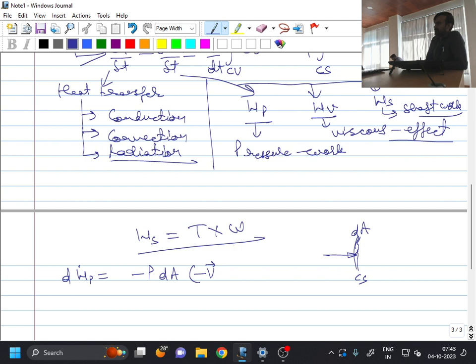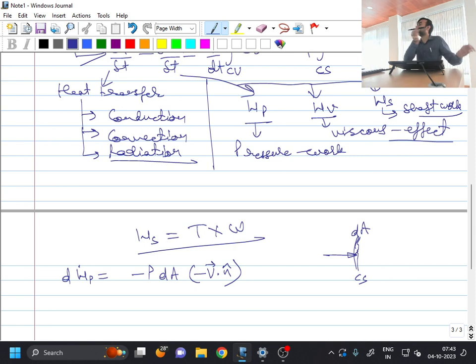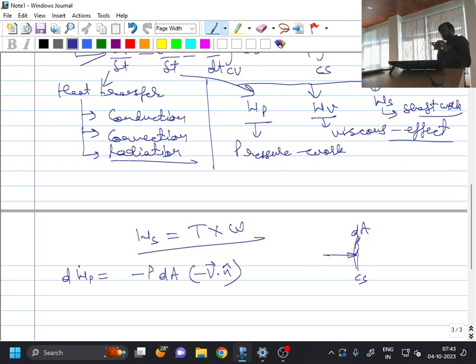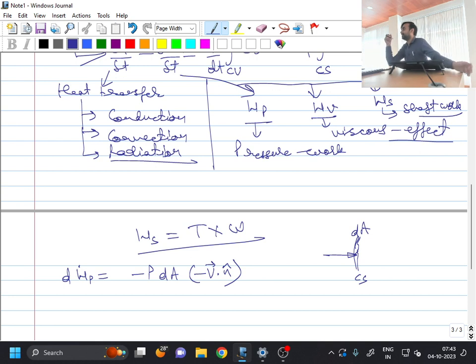That's why I am using minus V vector dot n cap, because that velocity has to be normal to the interface. Why? Because this pressure force is acting normal to the interface. Yes, inward velocity of the fluid which is just passing the control point. In another sense, you can call this nothing but your flow work.